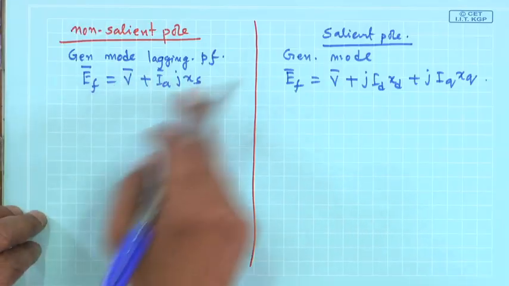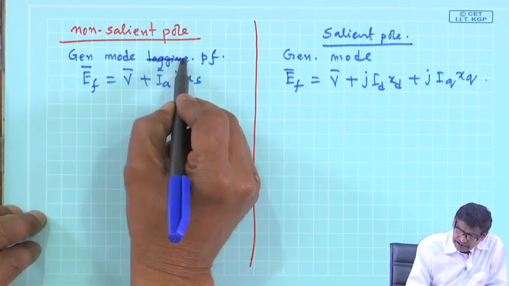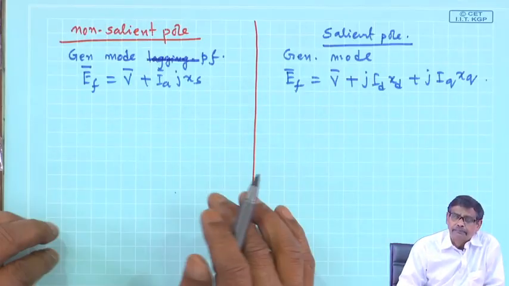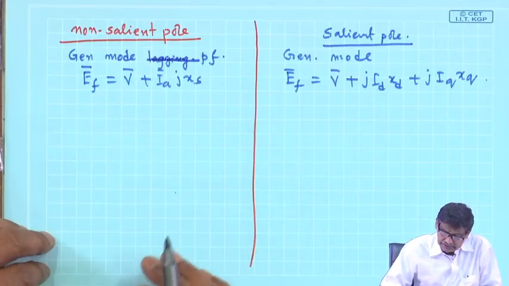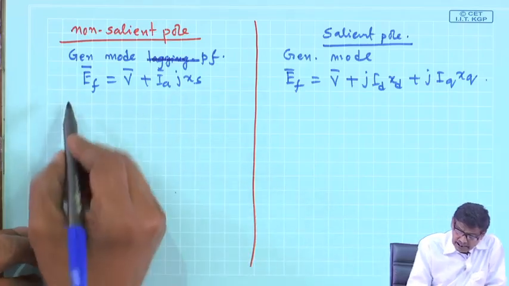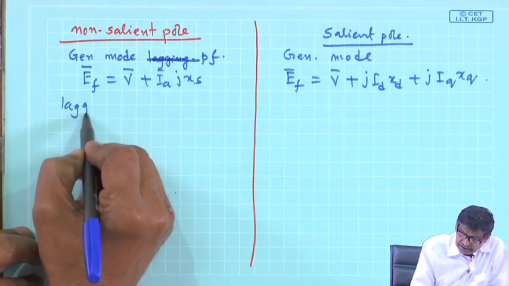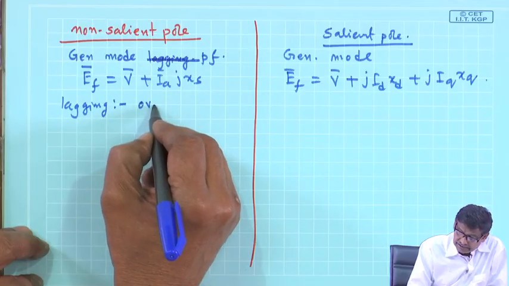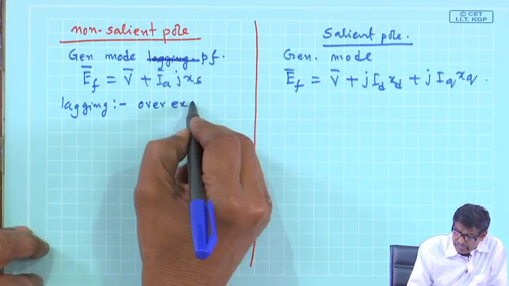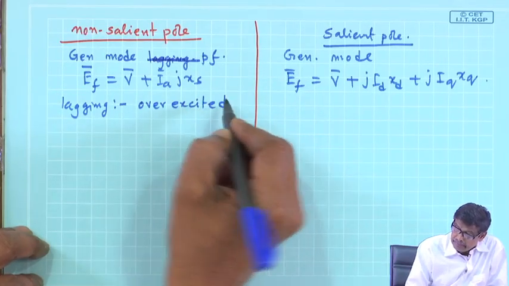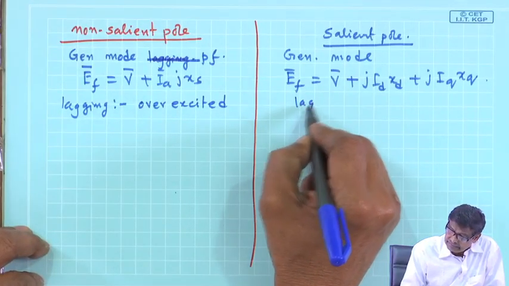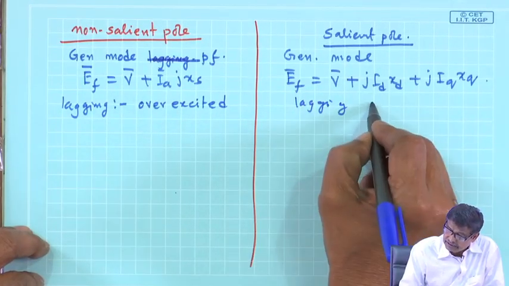So, generator mode, whether lagging or leading, these equations are correct all the time. Only thing is, if it is lagging, then I will say the generator is over excited, here also lagging, over excited.